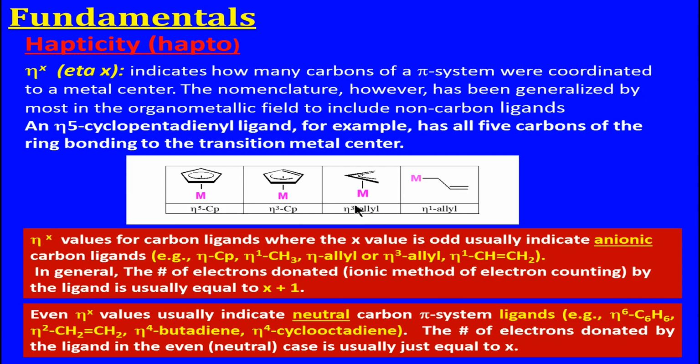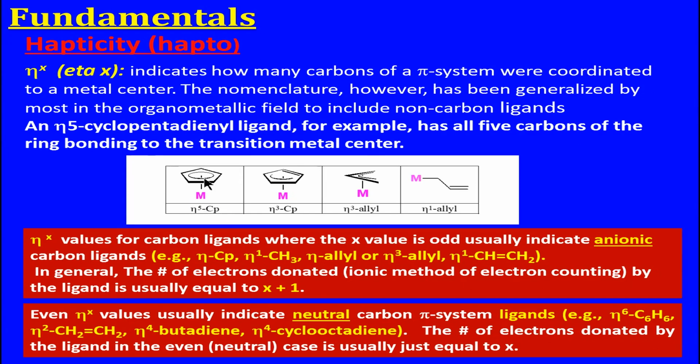Hapto-1 odd, allyl is anionic. And the number of electrons donated by a hapto-X ligand, where X is odd, is usually X plus 1.